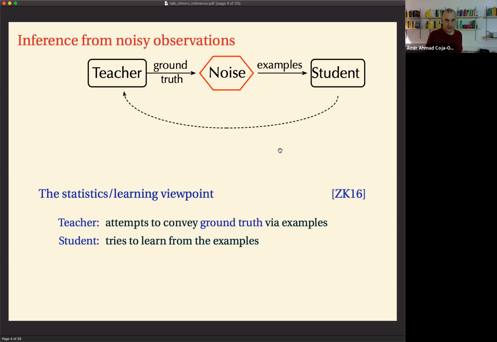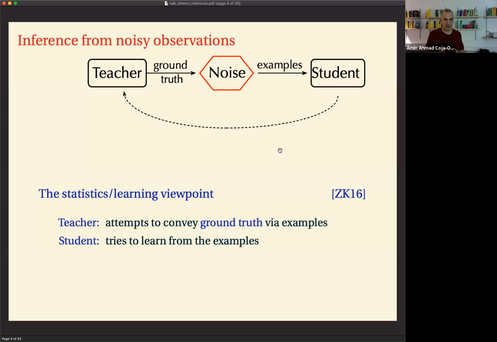And one interesting way of looking at it that I learned from a paper by Lenka and Florent is the so-called teacher-student model. In this model, you imagine a teacher that is supposed to train a student by conveying a certain ground truth to the student.